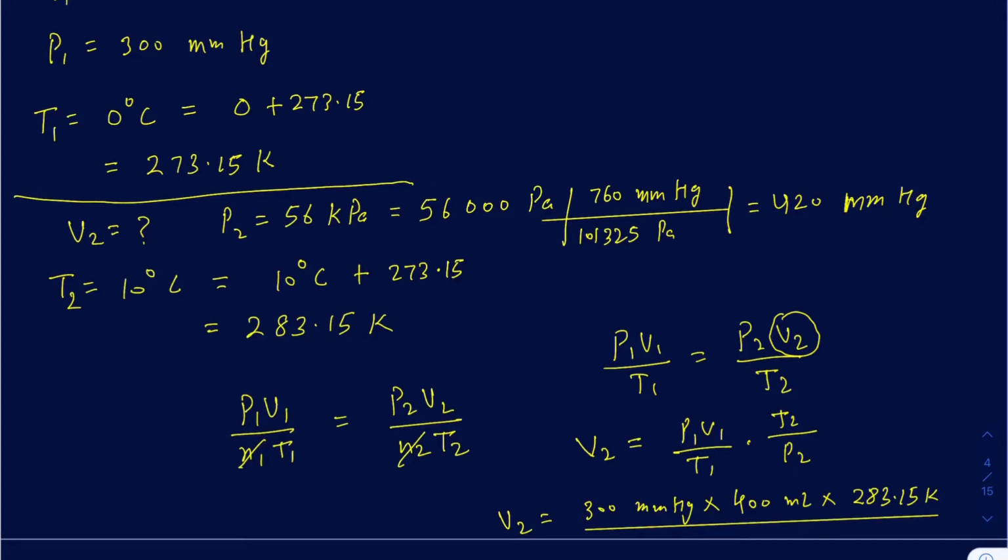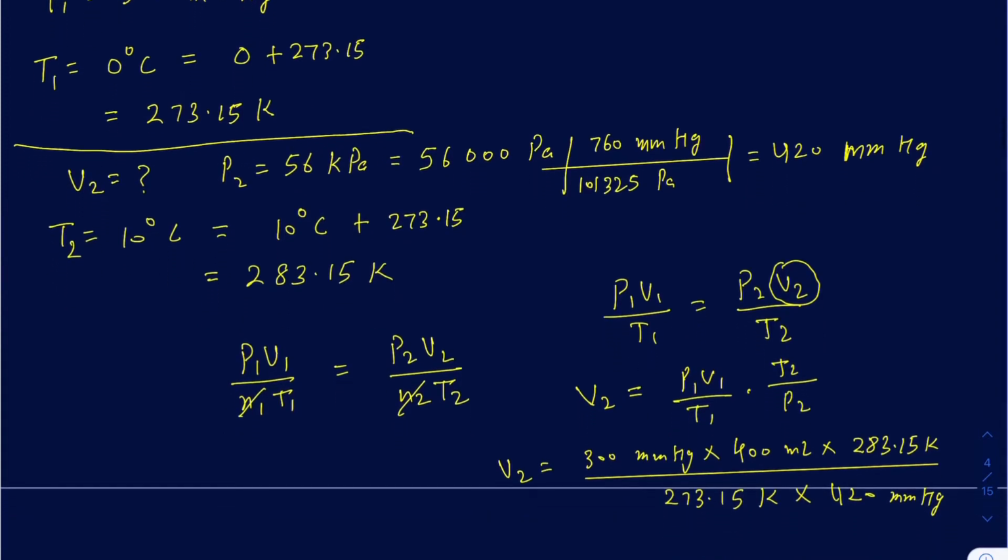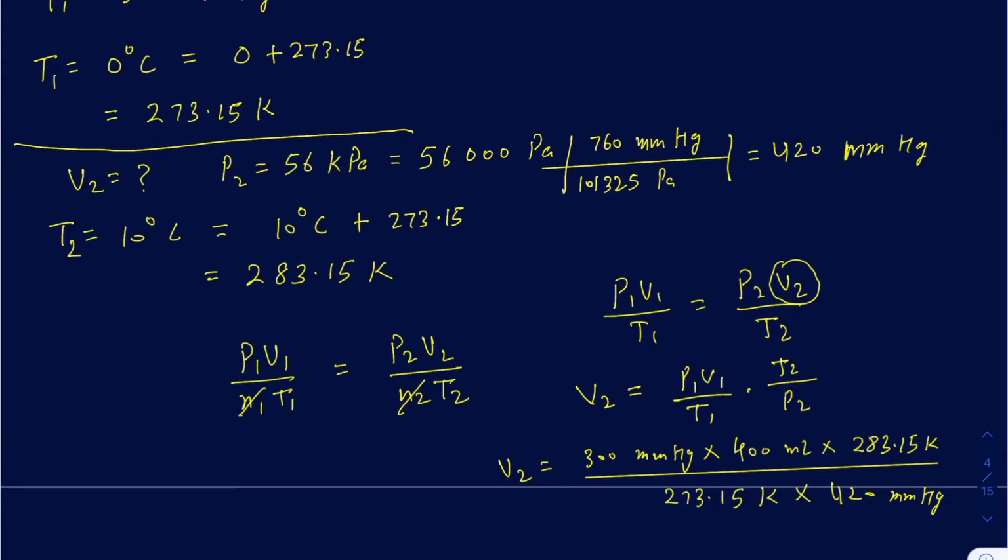Your T1 is actually 273.15 Kelvin, and your P2 is going to be 420 mm of mercury. Okay, so when you solve this, let's see whatever that comes out to be.